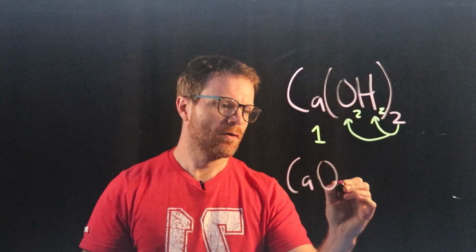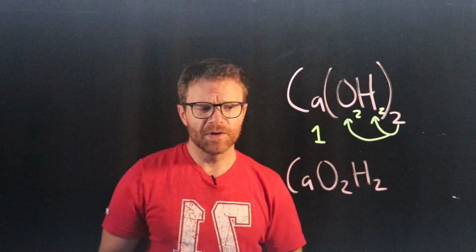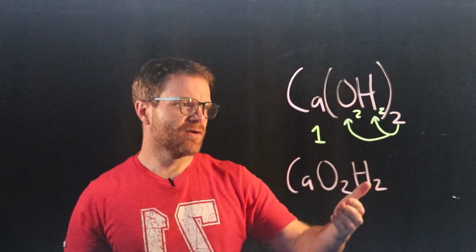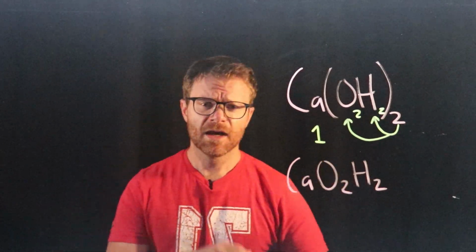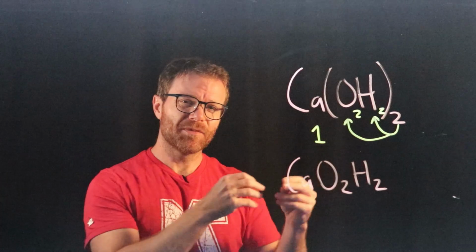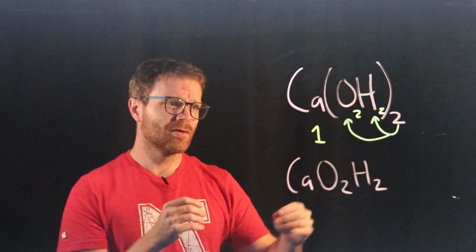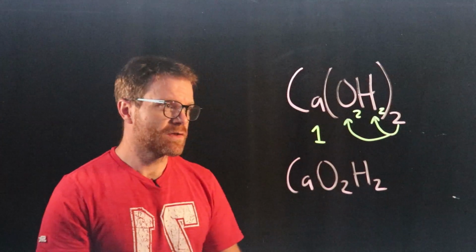Calcium O2 H2. There's a couple reasons. For one, this is maybe a little bit just more to write than that, especially as we get more and more things in the parentheses. But the bigger and more important reason is this is actually telling us something structurally about this molecule. We don't know this yet, we haven't learned this yet, but you will later on in your chemistry course.